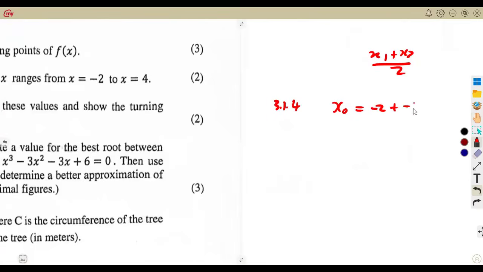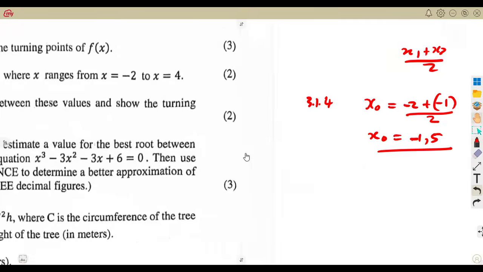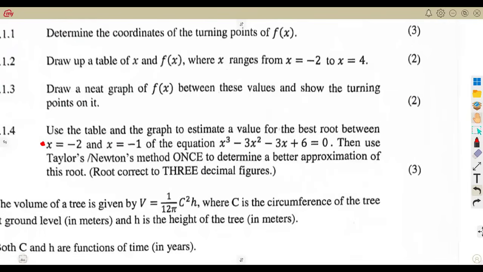The average value in between is going to be your best approximation, and that is going to give us -1,5. And they are saying now from that, we are supposed to use the Taylor's method or the Newton's method once to determine a better approximation of the root.